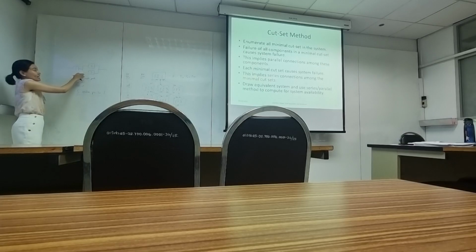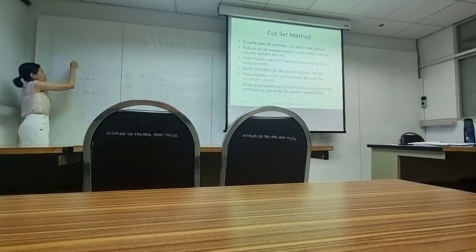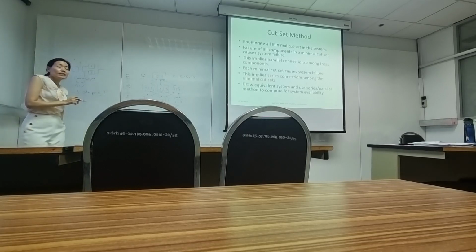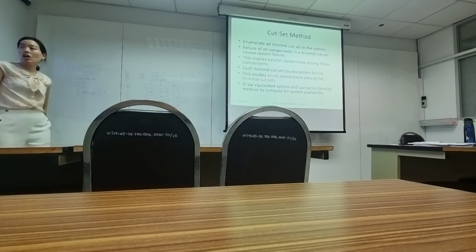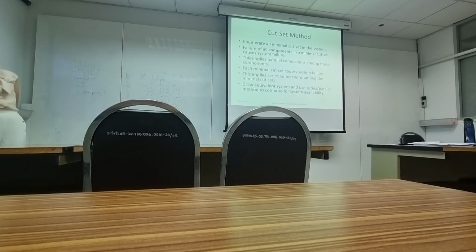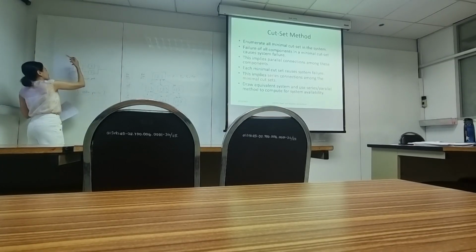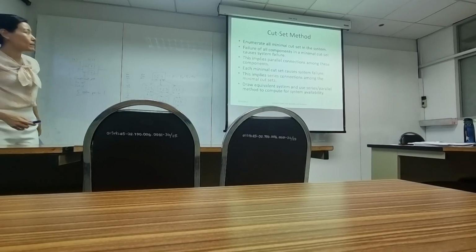This is already written in the cut set already, right? So this one is your first cut set, and this is actually your second cut set, right? Because each component in the minimum cut, all of them have to fail so that it will cause the system to fail. So this is your first minimum cut set, and your second set is 2, 3, right? So that's the example.